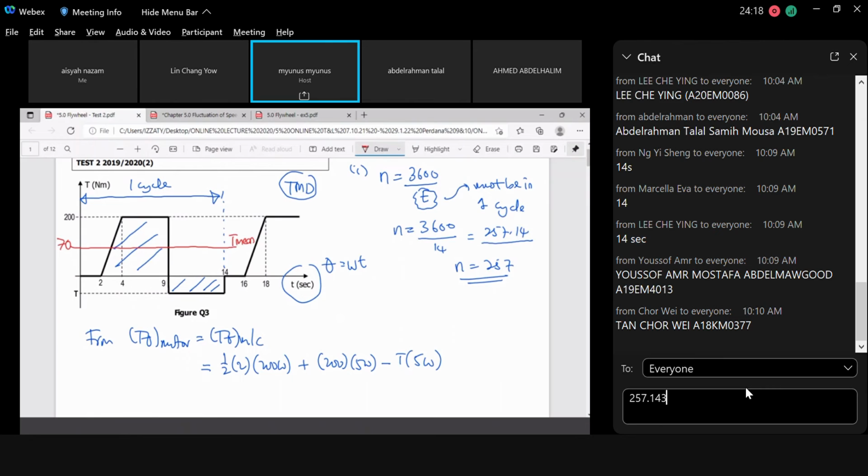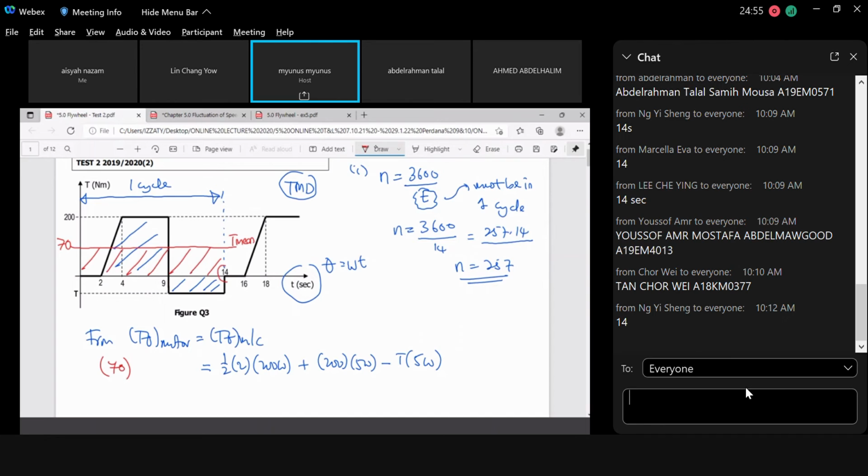This is the area for the input. So the area of the input for one cycle, you will have 70, isn't it? 70 multiplied by, sorry class, 70 is correct. 70 multiplied by 14 omega.